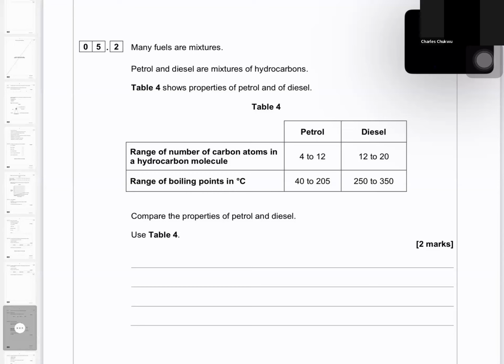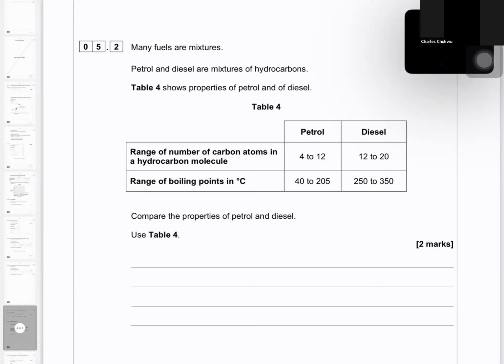Because you have more carbon atoms in diesel than you have in petrol, obviously the boiling point would be higher, right? Because more energy will be required to break the bonds between them. You understand what I'm saying, right? Yes. Okay.